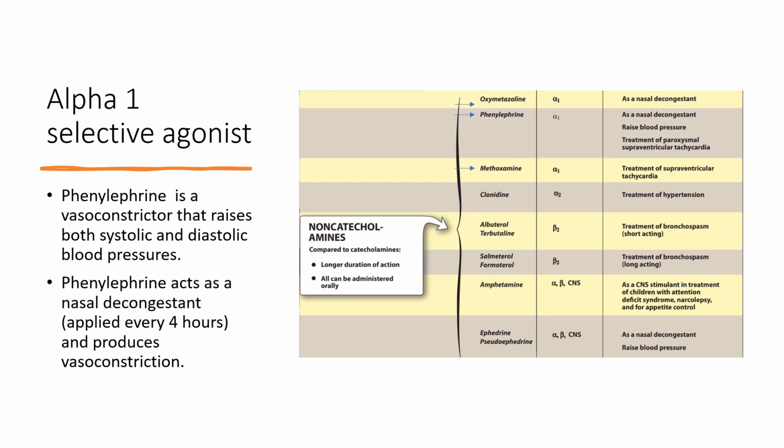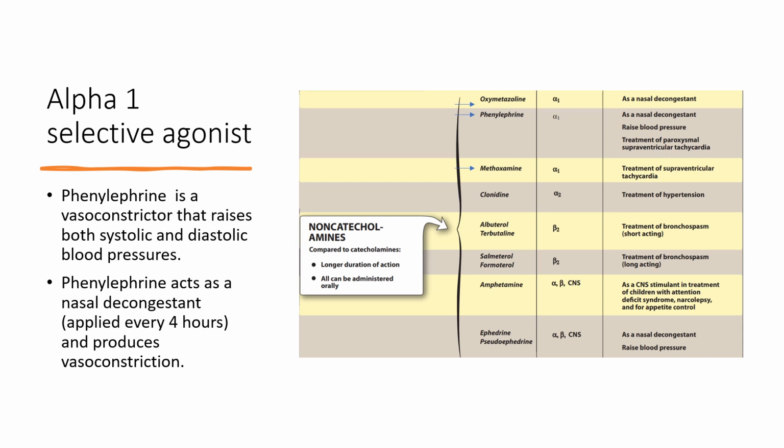Remember that the alpha 1 receptor, when stimulated, causes vasoconstriction and increases the BP. So these are useful as nasal decongestants, and the drugs in this list are phenylephrine, oxymetazoline, and methoxamine.